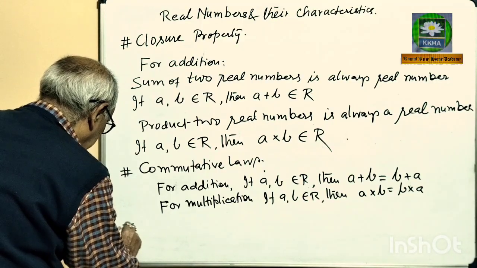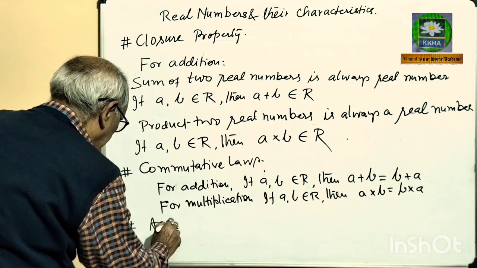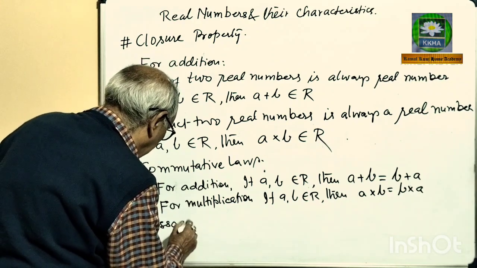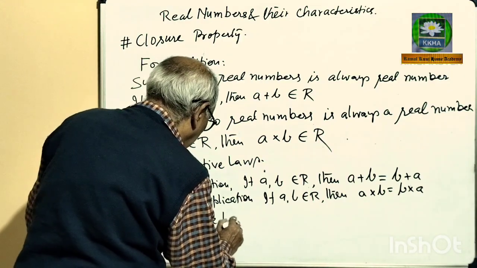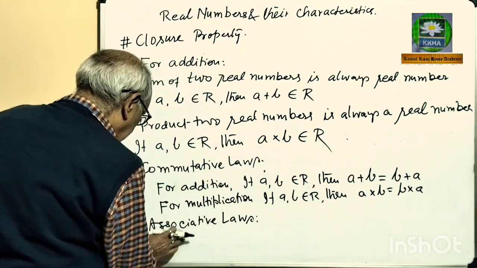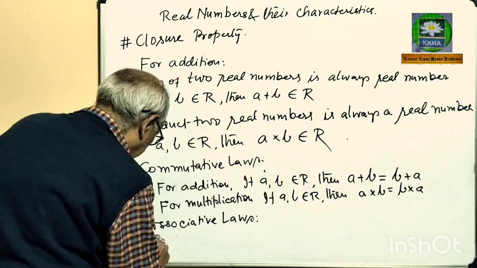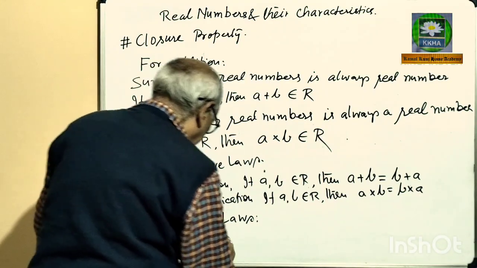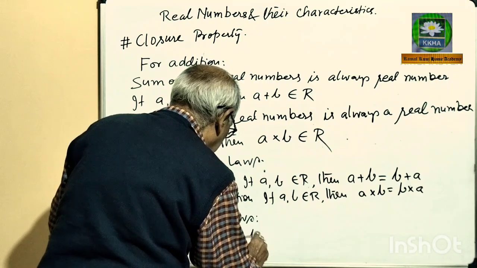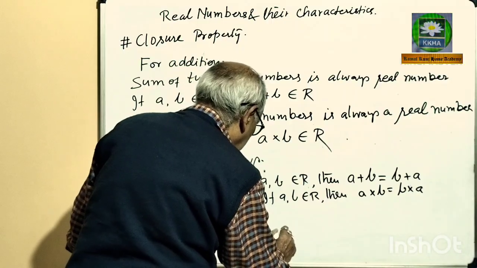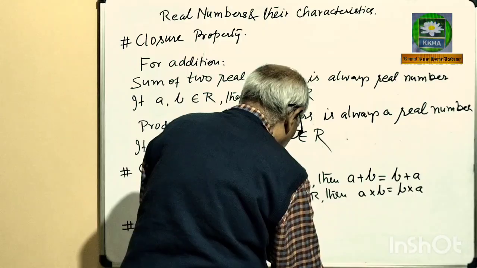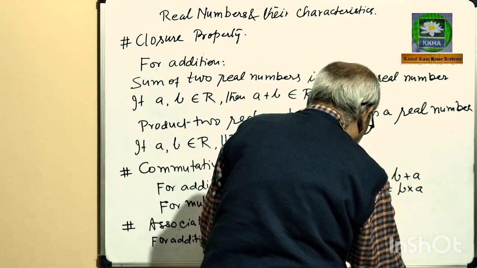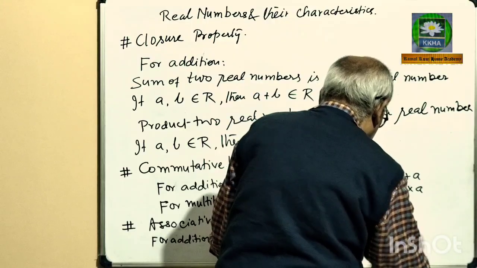Then associative laws. For addition, if A, B and C are real numbers, then (A plus B) plus C is equal to A plus (B plus C).